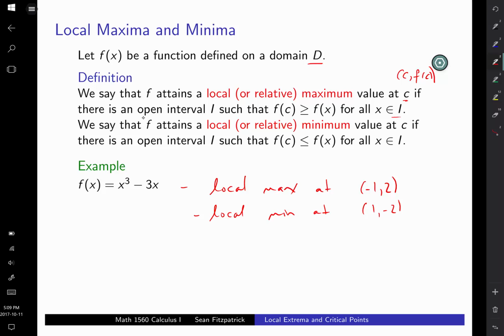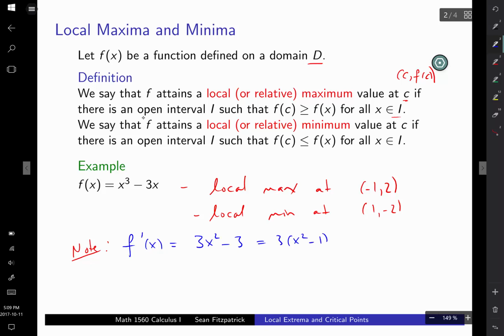One thing you might note, if we calculate the derivative, and you probably know where this is headed, you've seen enough examples by now, f prime of x, I get 3x squared minus 3 for the derivative. And if I factor, that's 3 times x squared minus 1. Well, that's 3 times x minus 1 times x plus 1.